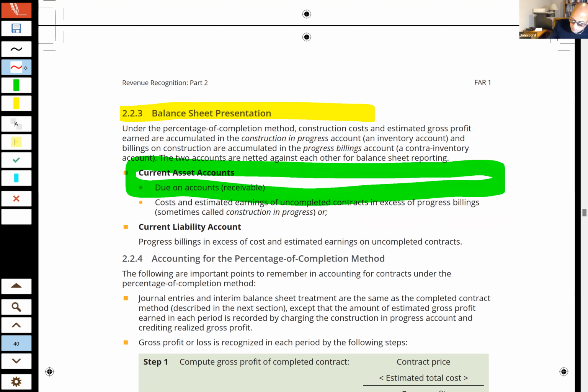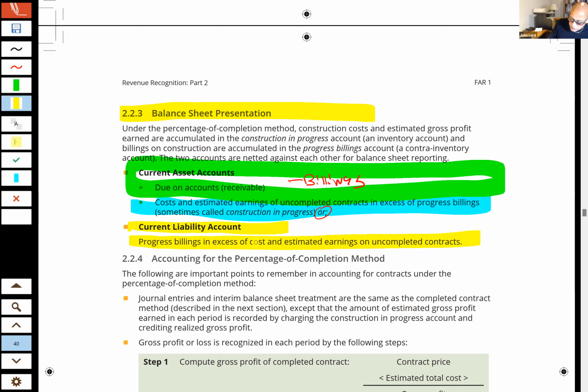And that's going to be based on billings. We'll always have that. Now, we could have another current asset called cost of uncompleted contracts in excess of progressive billings. Or, okay, and this is where the or comes in, we could have what? We could have a current liability, and we'll have a liability in addition to that current asset due on account receivable if the progressive billings is in excess of the cost, okay?